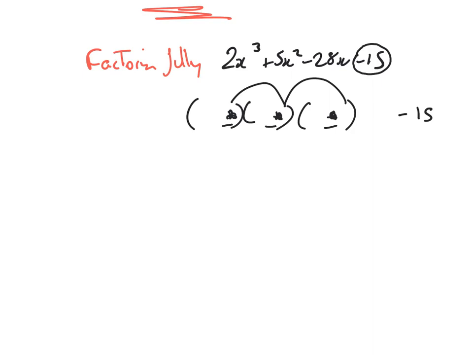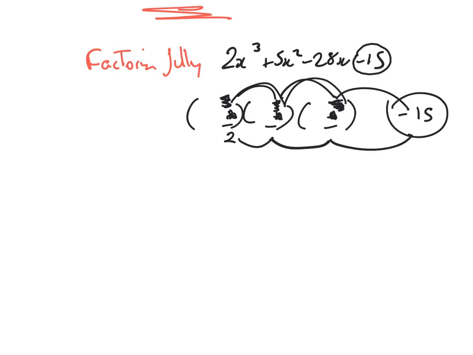So for example, it could be conceivable that 3 would be the result in there, because potentially 3 could multiply by 1 to give 3, and then by minus 5 to get minus 15. But it wouldn't be conceivable for a number like 2 to be at the end there, because 2 is not a factor of minus 15.